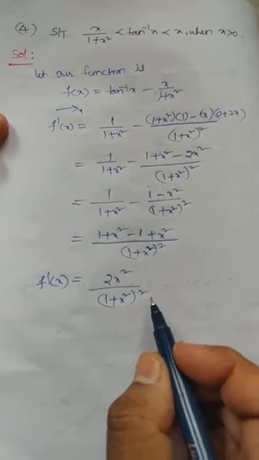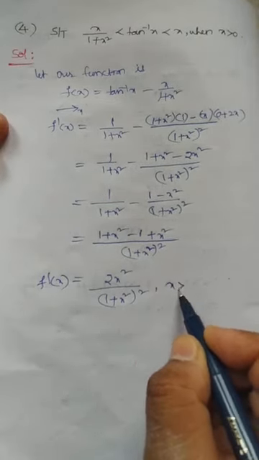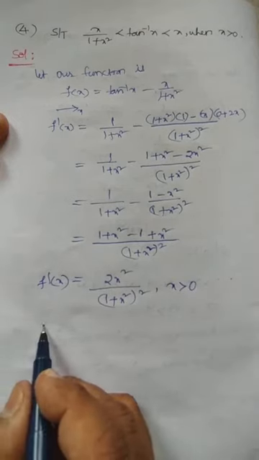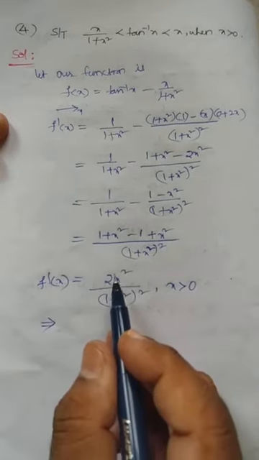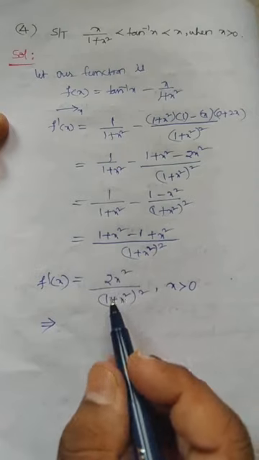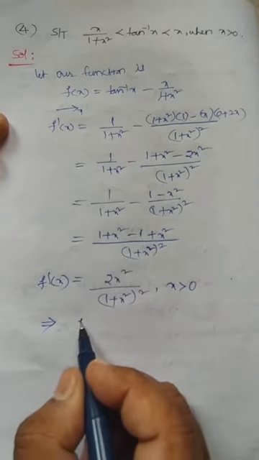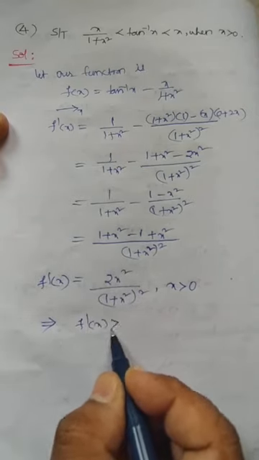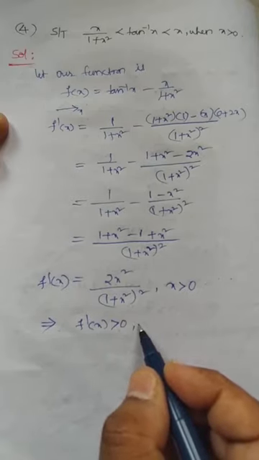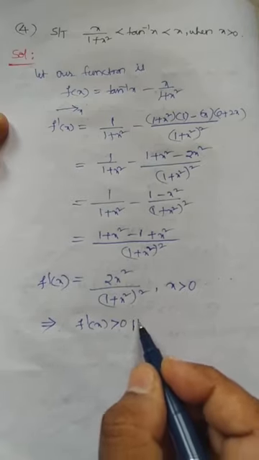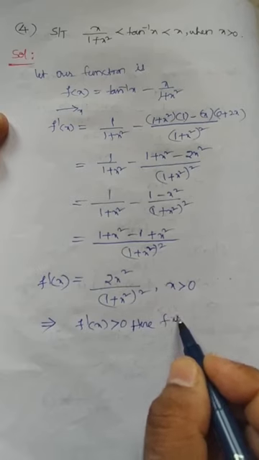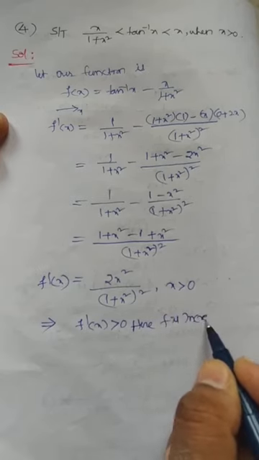Same thing here also. Here x is greater than 0 is given. That implies whenever x is greater than 0, f dash of x, observe this function, is also greater than 0. So f dash of x is greater than 0. That implies f is increasing.